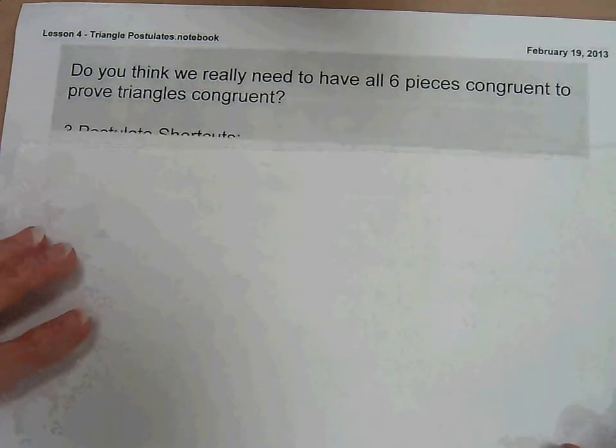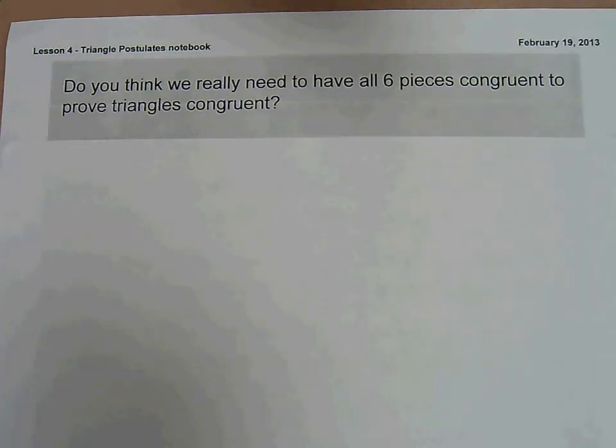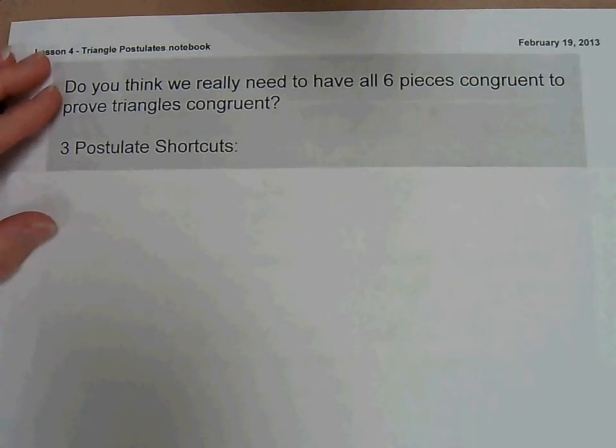Let's start slow. Well, it would be quite difficult and tedious to prove that every single side and every single angle are congruent when we wanted to prove that two triangles are congruent. So, do you think that there's a way that we could break that down? Well, there is. We have three postulate shortcuts.